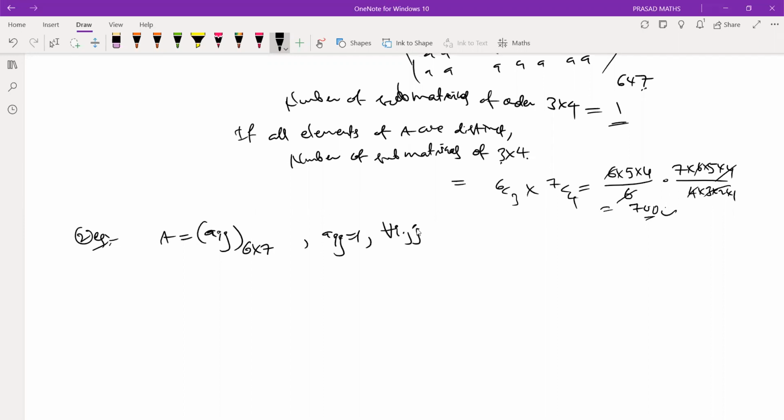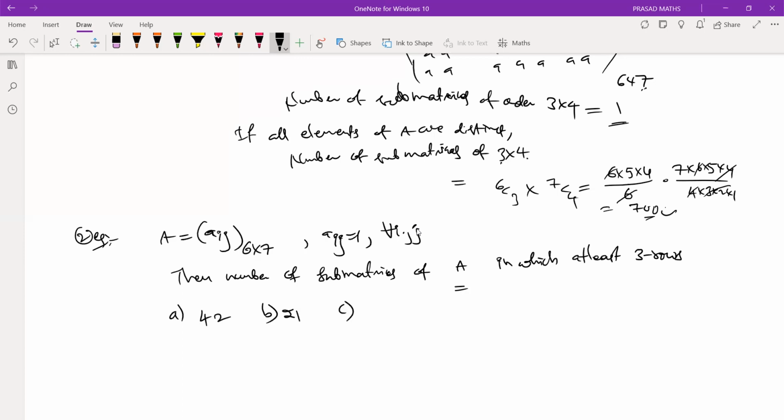Then the number of submatrices of A with at least 3 rows: option A 42, option B 21, option C 28, option D 18.